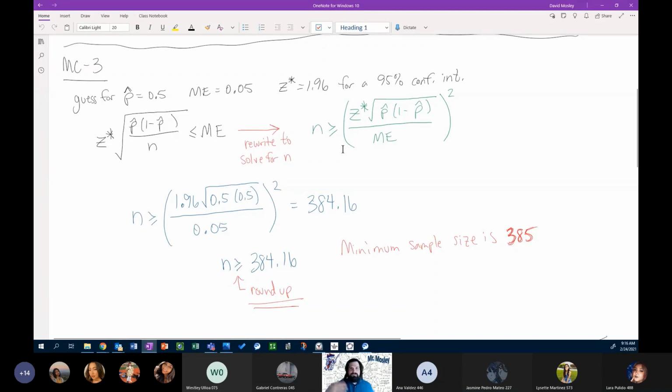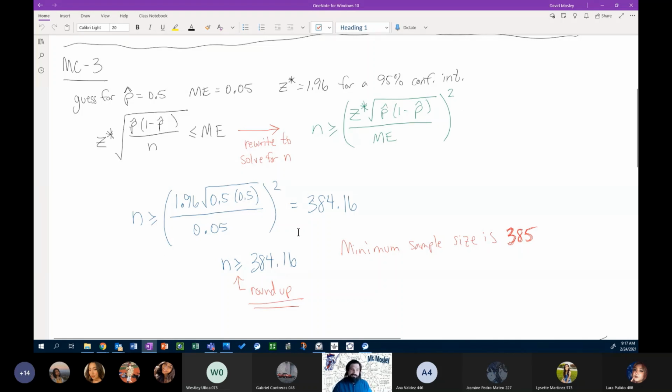All right, and this is possible. I can do all the steps in the math. We saw the steps yesterday in the example problem. I just didn't rewrite it as a formula, but we can still do that. So we'll use n is greater than or equal to z star times square root of p hat times 1 minus p hat divided by margin of error, all squared.